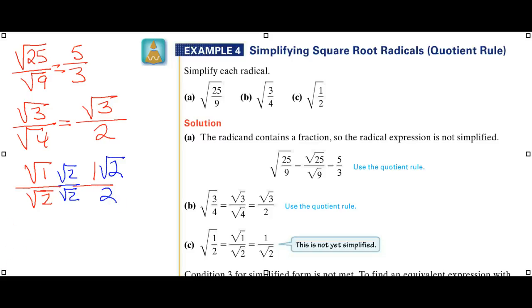Now, we describe this as rationalizing the denominator. They're not giving you those words here, but that's what we call that. When you have a radical in the denominator, that's irrational. By multiplying it by something, we make it a rational number. So now this has been simplified.